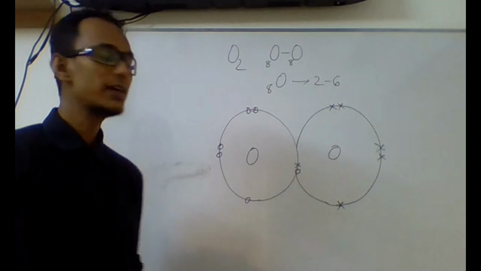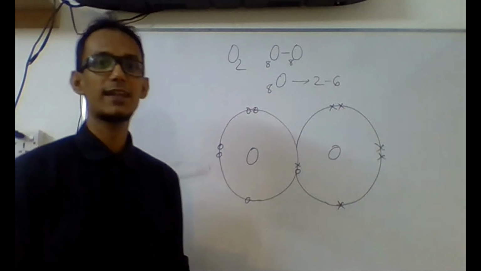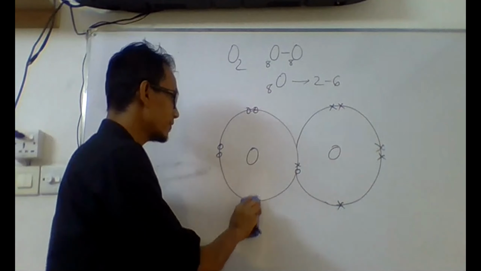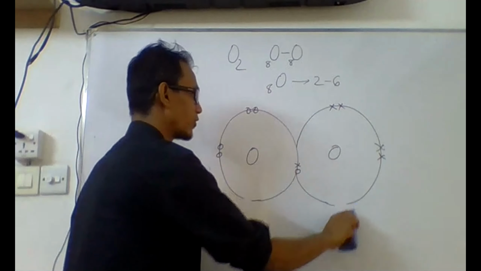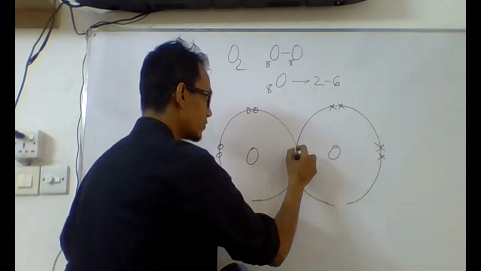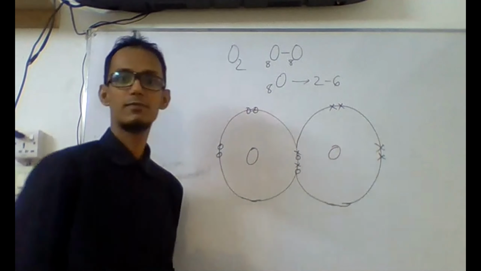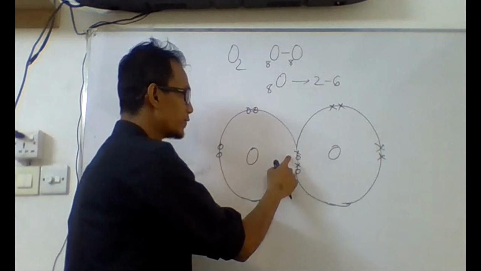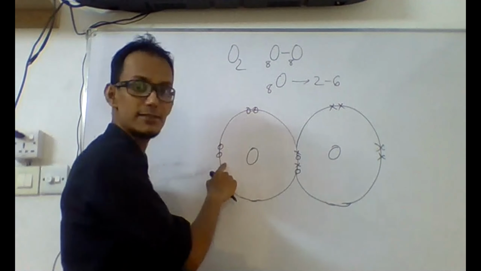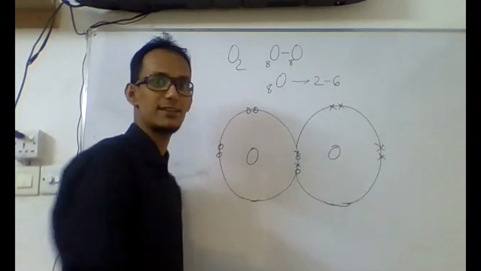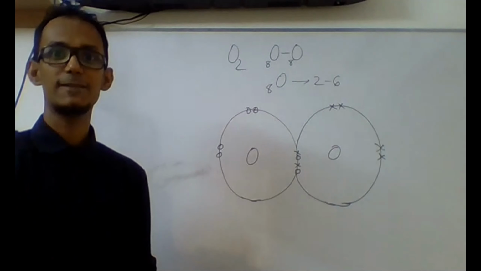So what will they do? They will say, let us share 1 more electron. 1 dot and 1 cross. So see now, 1, 2, 3, 4, 5, 6, 7, 8 on each. Have they fulfilled their outer shell?